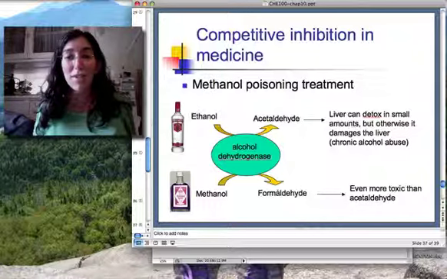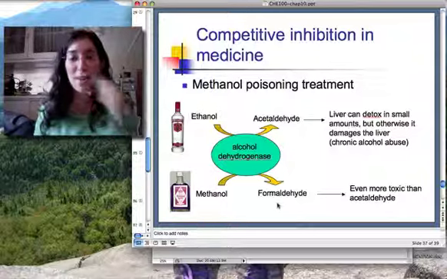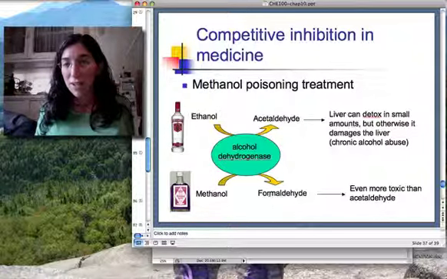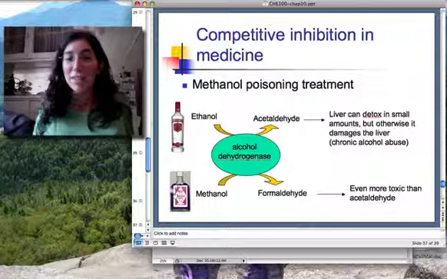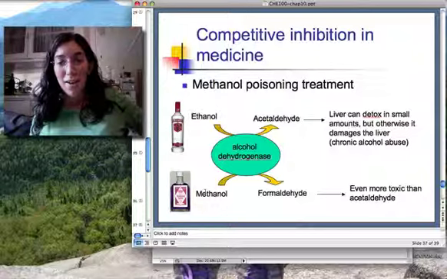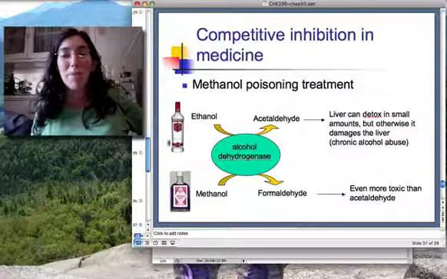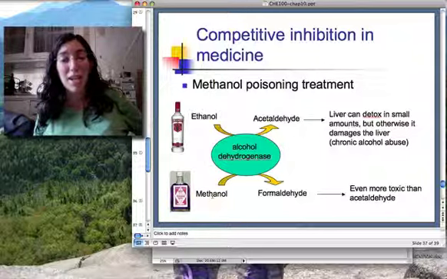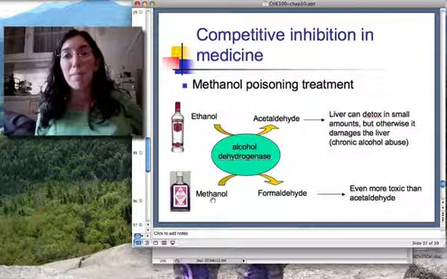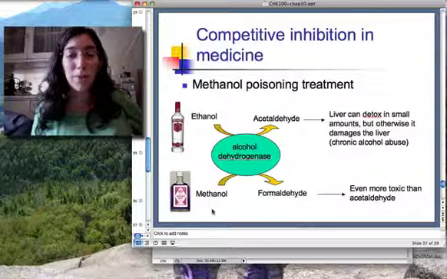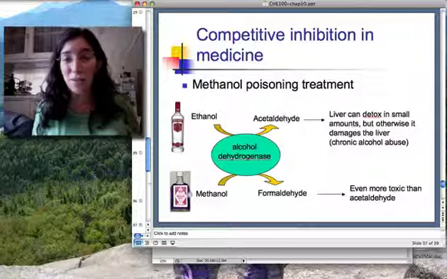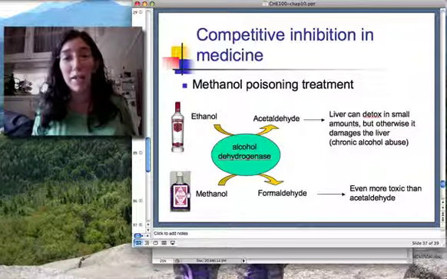It's essentially what you use to preserve like cadavers and stuff. So formaldehyde is very, very toxic and can kill you. So methanol is toxic. So anyway, people would drink ethanol that was contaminated with methanol, and they would get methanol poisoning. Or they were just really desperate for alcohol and just drank wood alcohol, methanol, not knowing that it was toxic.